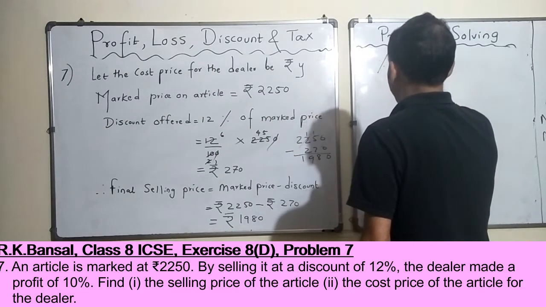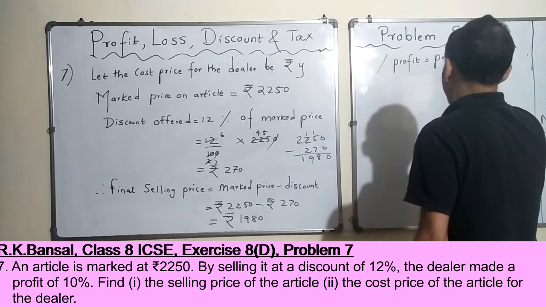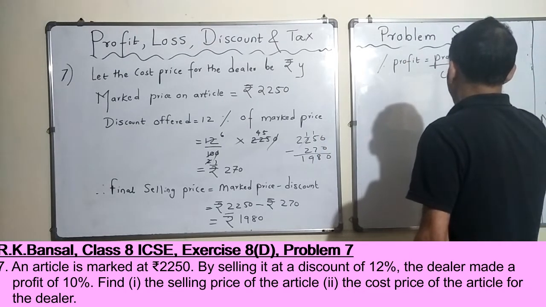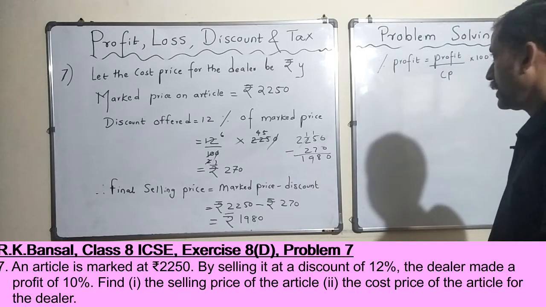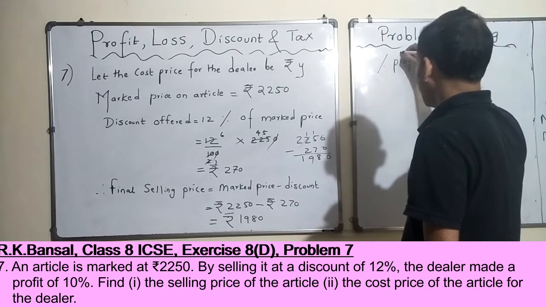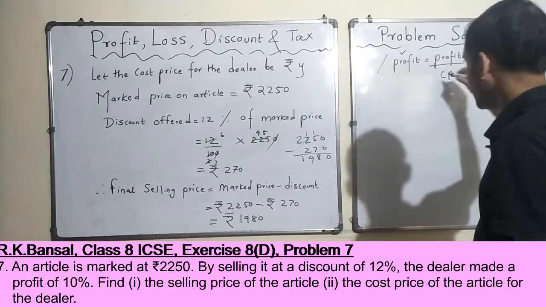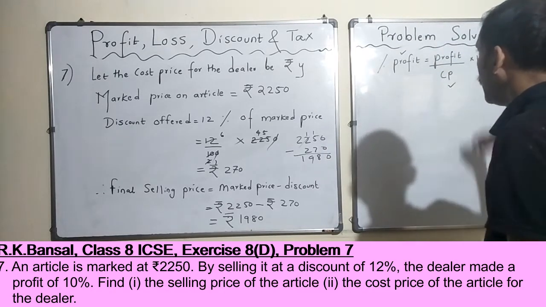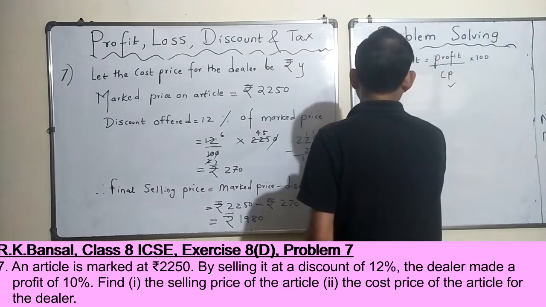Percent profit is equal to profit by CP into 100. Correct, no? All right. Now percent profit I know this. Cost price I know, I have assumed it as y. And profit, do we know profit? What is the profit?